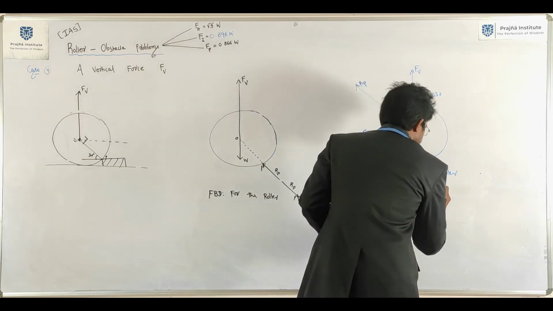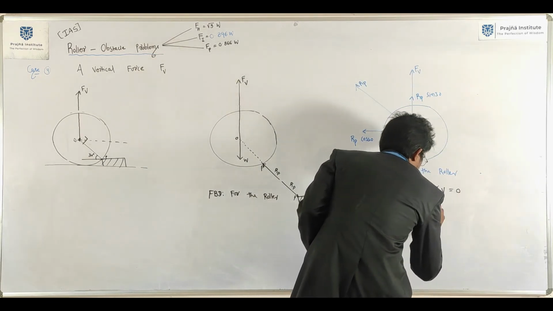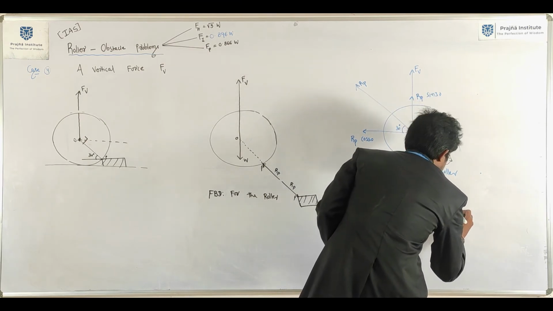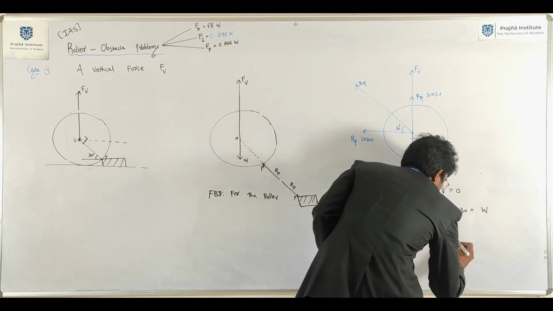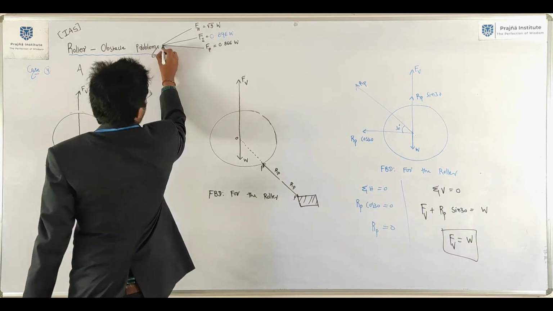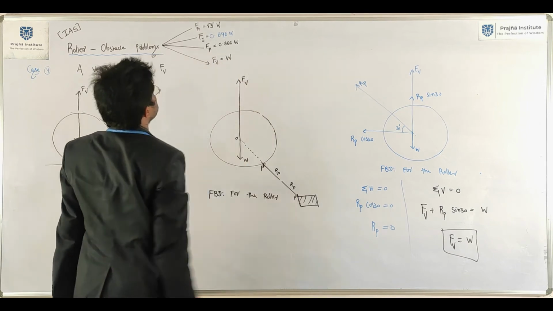Here, sigma V equal to 0. In that case, FE plus RP sin 30 equal to W. This is 0. FE is equal to W. In case 4, you got FV is equal to W.